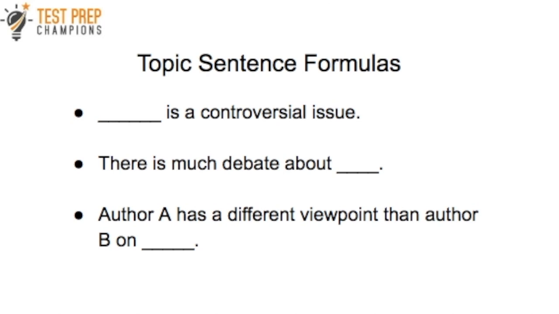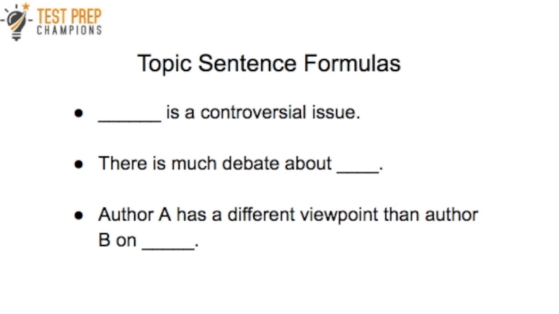But basically, these are some ways that you could inject that feeling of debate into your topic sentence, which is really a good thing to do because the whole purpose of this is to debate the two emails and which one you think is the stronger position. So it would make sense to start off with a topic sentence that really tells the reader that there is a debate here, that there's controversy.